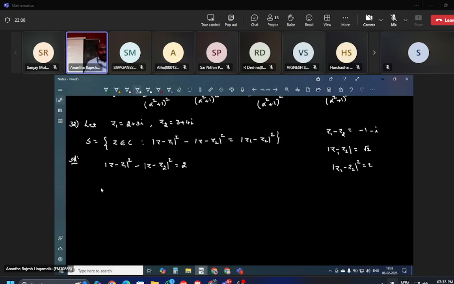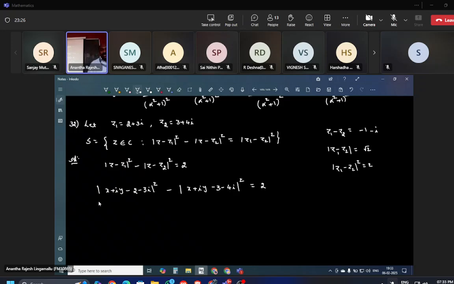Now let us write Z is equal to x plus iy. So mod square of x plus iy minus 2 minus 3i, minus mod square of x plus iy minus 3 minus 4i, is equal to 2.